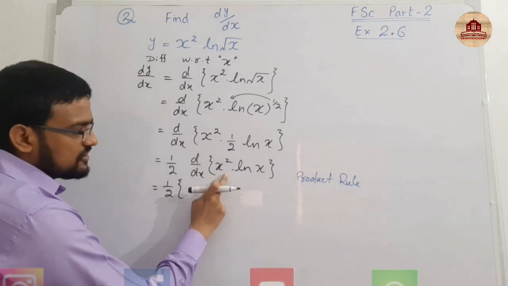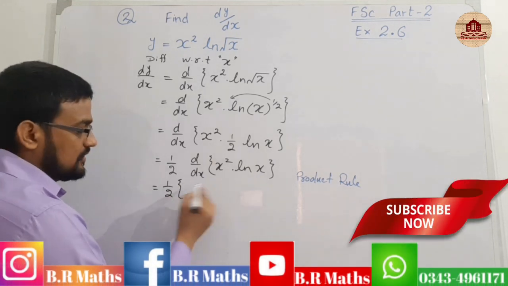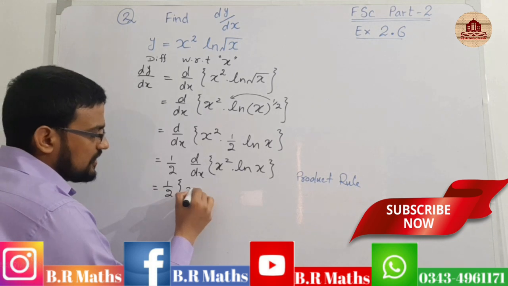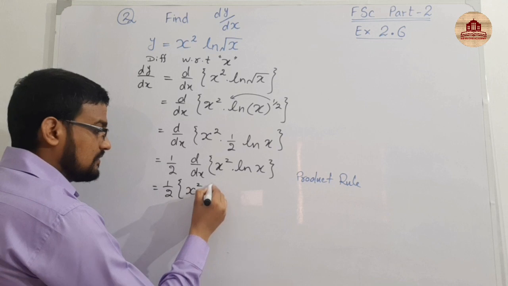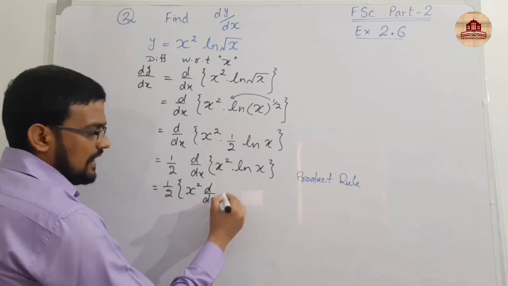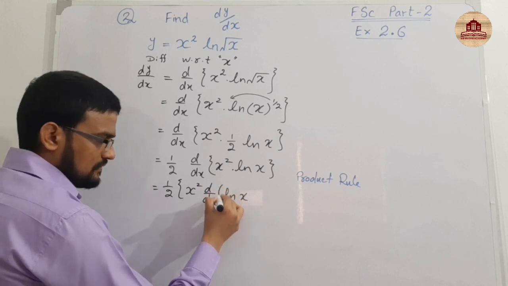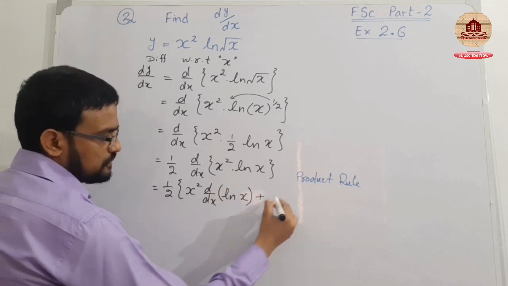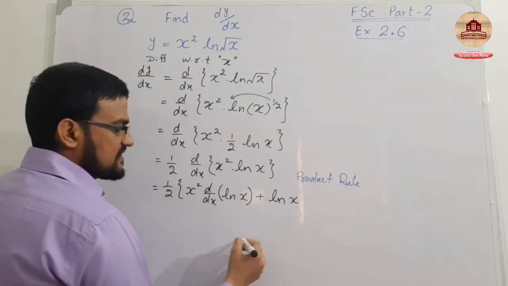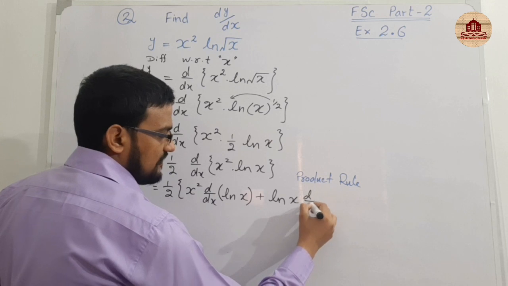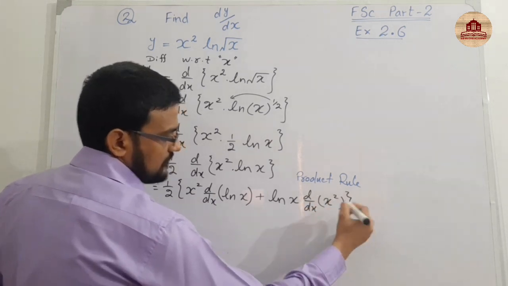First term as it is times derivative of the second term, plus second term as it is times derivative of the first. According to the rule, x square as it is and derivative of ln of x, plus ln of x as it is and derivative of x square.